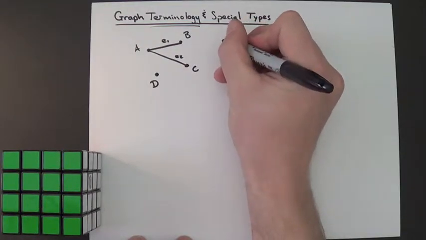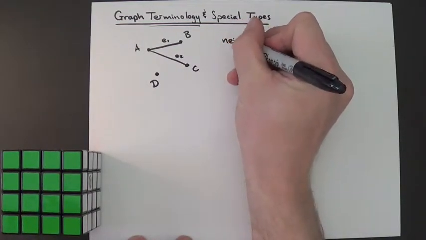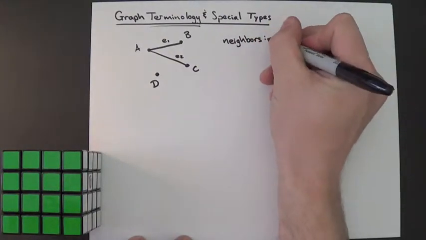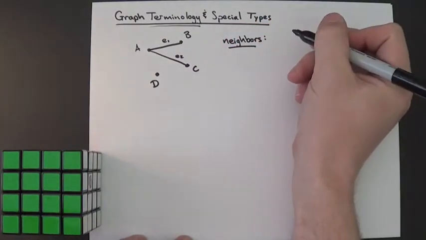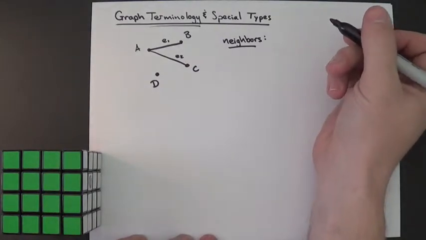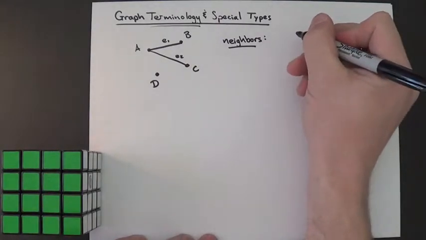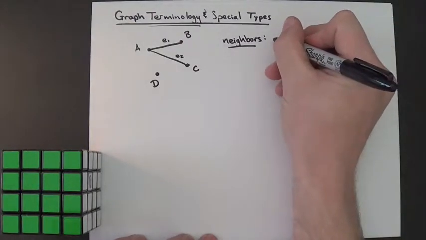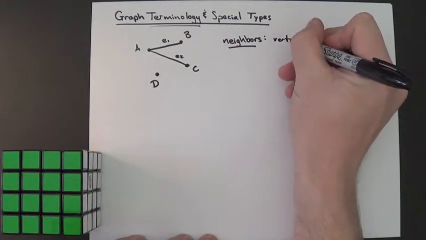First vocabulary word we've got is neighbors. Vertices that are connected by an edge are considered neighbors.